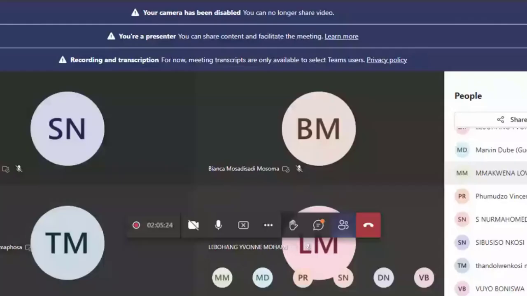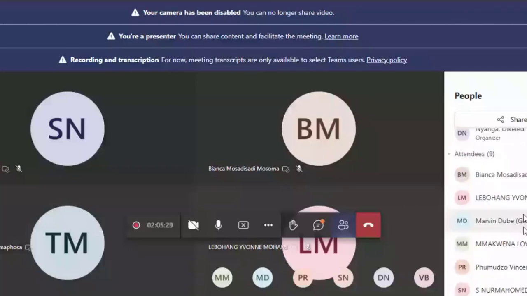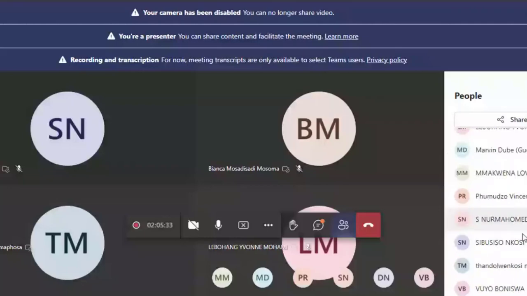Bianca, Lebohang, Marvin, Magwena, Pumuzo, Noma Ahmed, Sibusiso, Tando, and Vuyo. My request is that we'll double check. We'll verify the answer tomorrow, but that is the answer that I was looking for.